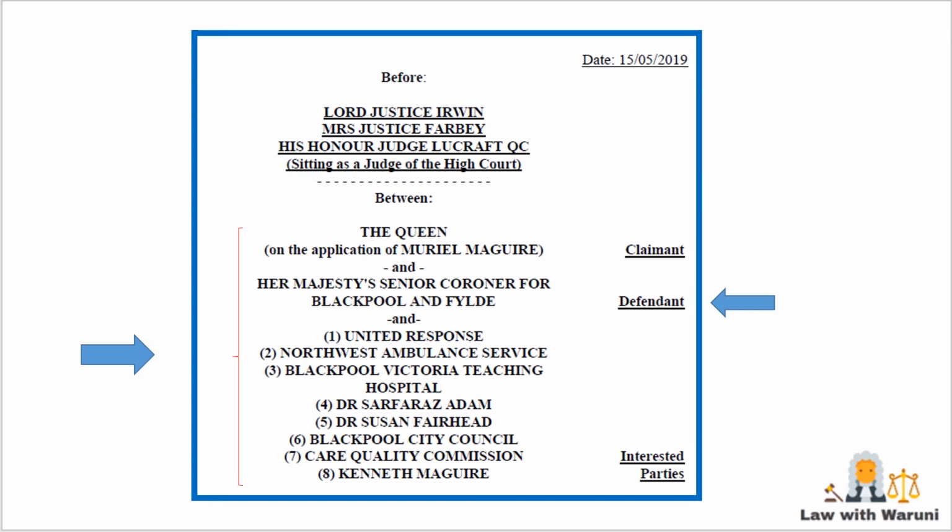That means against whom the case is. Then, sometimes in some cases, we can see names of the interested parties. Remember, the case is not against them, but the judgment given for this case will have an impact on them, or their submissions are also important for the judges to arrive at the decision.